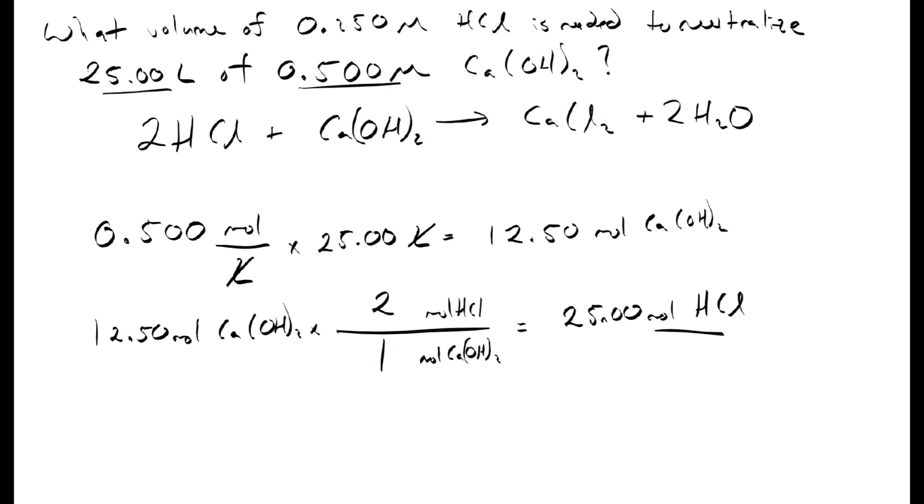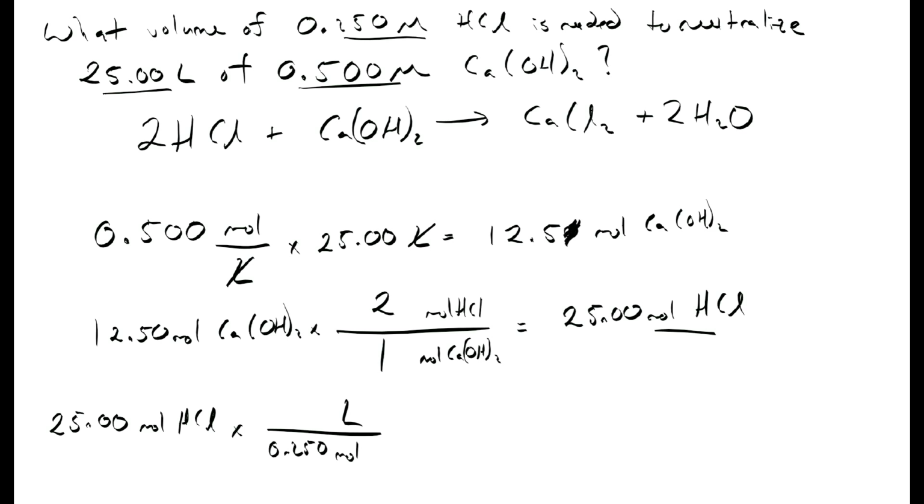And now, with moles and molarity in hand, we can find the volume of HCl we're going to need. 25.00 moles HCl. We can go ahead and treat the molarity as a sort of conversion factor. It's moles per liter, and it is a molarity of 0.250.